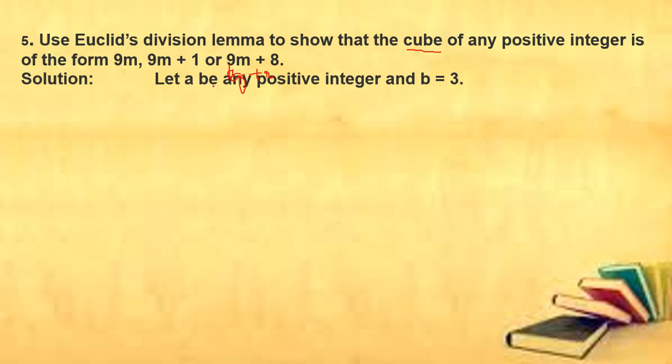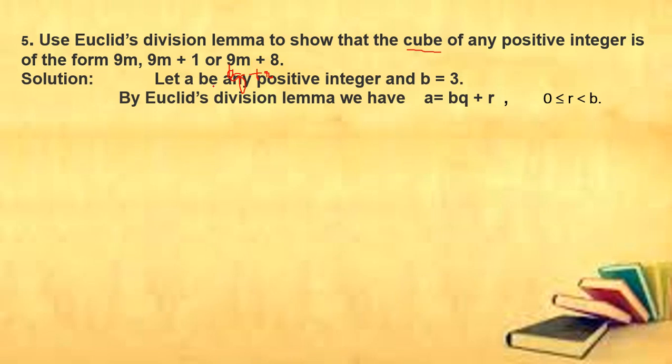Let a be any positive integer, and here the value of b we have taken is 3. As we know, by Euclid's division lemma, a equals bq plus r. That means any positive integer can be presented as bq plus r, and the remainder r is always greater than or equal to 0 but less than the divisor b.